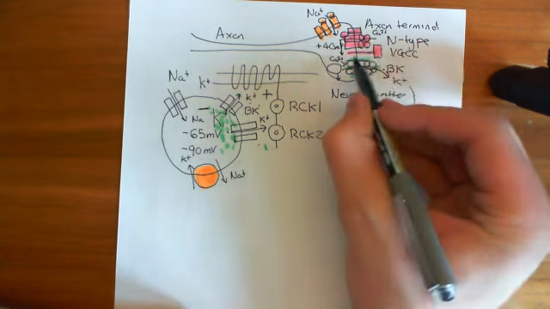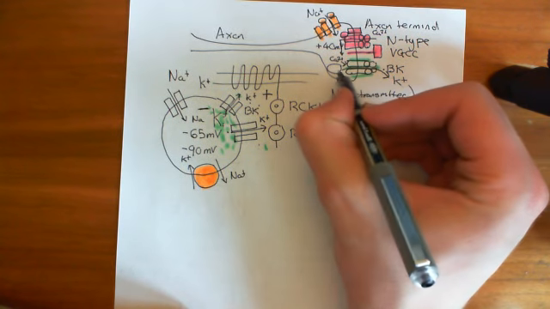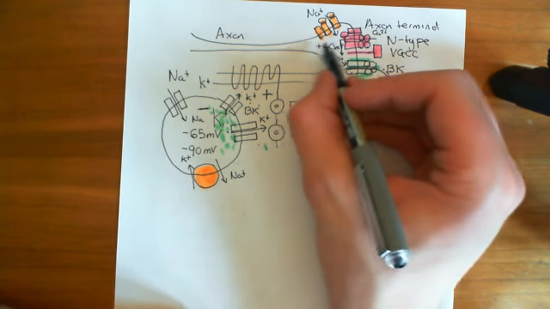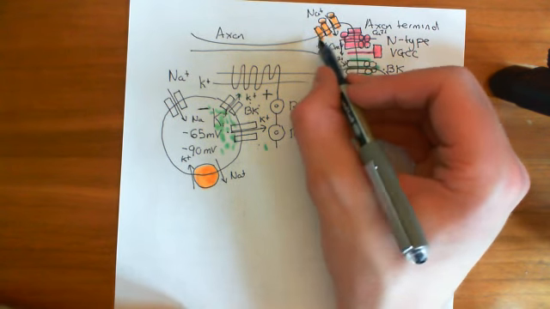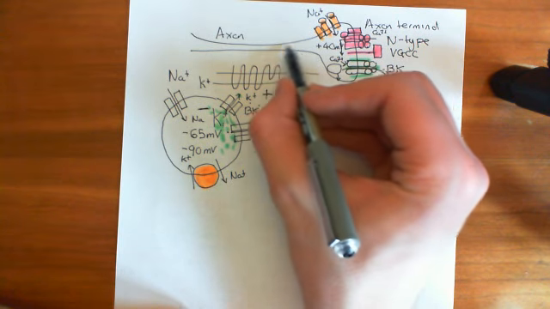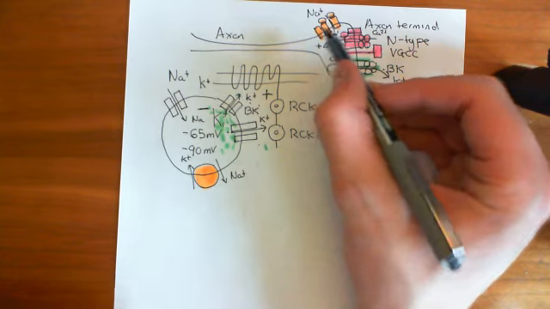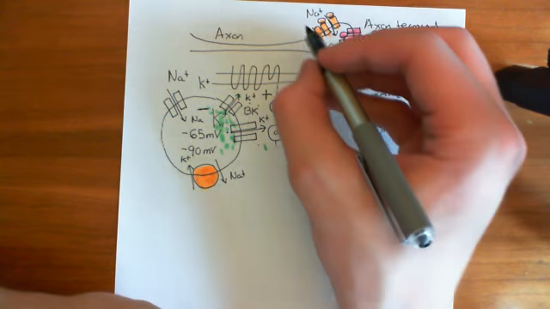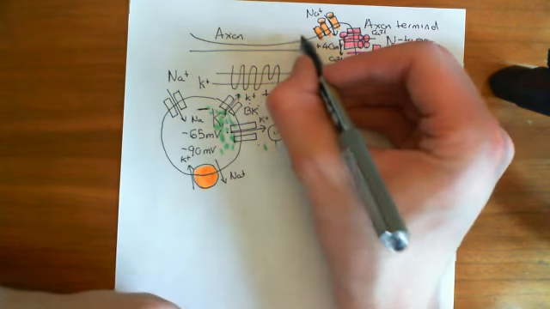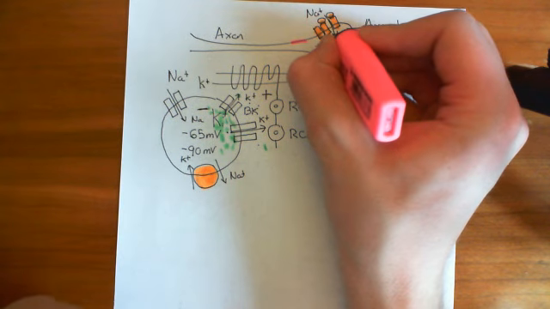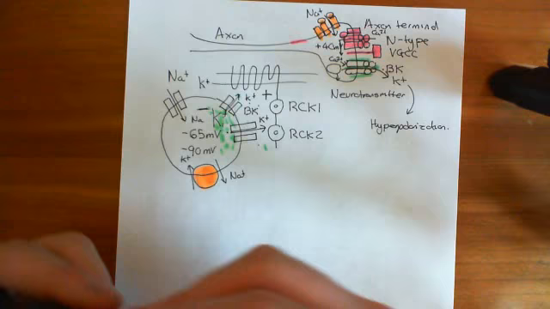Okay, now if this axon terminal membrane is hyperpolarized, then it's less likely that action potentials coming along the axon will actually induce action potentials in the axon terminal membrane. Let me explain why. Because remember, for action potentials in the axon membrane to lead to action potentials in the axon terminal membrane, what has to happen?